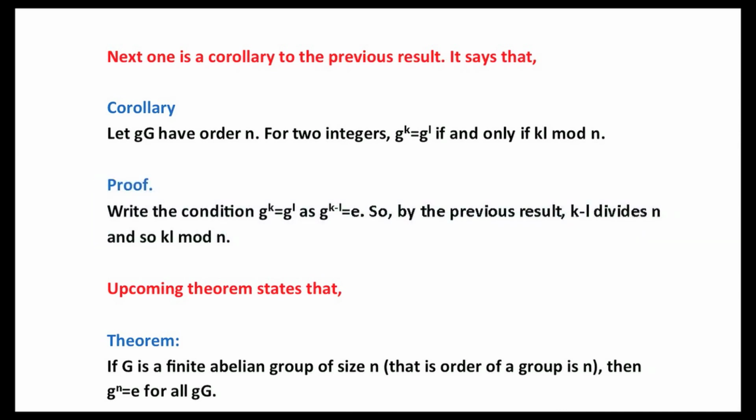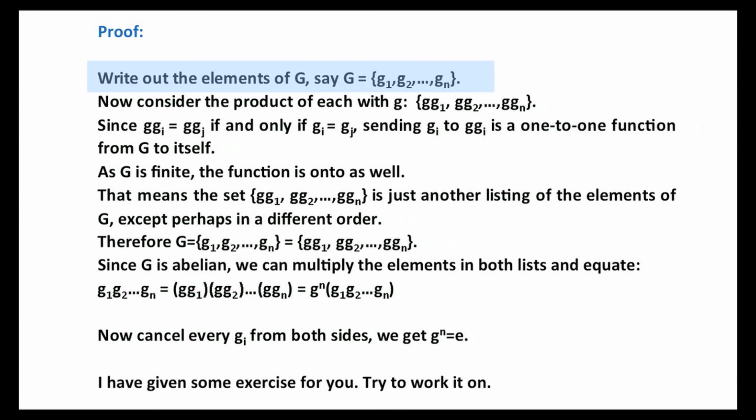The upcoming theorem states that if G is a finite abelian group of size n, that is, the order of the group is n, then g to the power n is equivalent to E for all g belonging to G. Proof: write out the elements of G. Say G is equivalent to g1, g2 and so on up to gn.